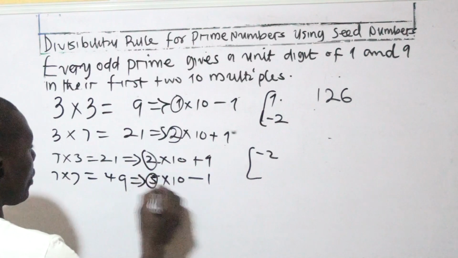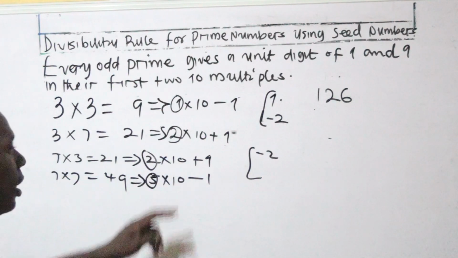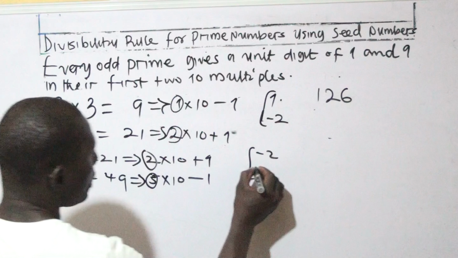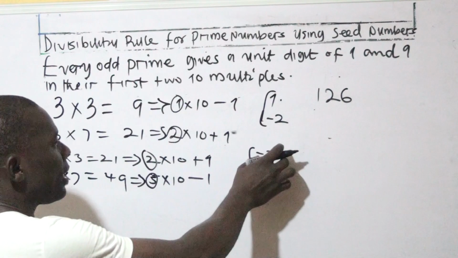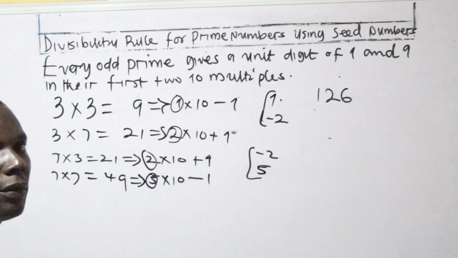Our seed number, because this one ends with minus 1, will just be plus 5. So the two seed numbers for 7 are minus 2 and 5.